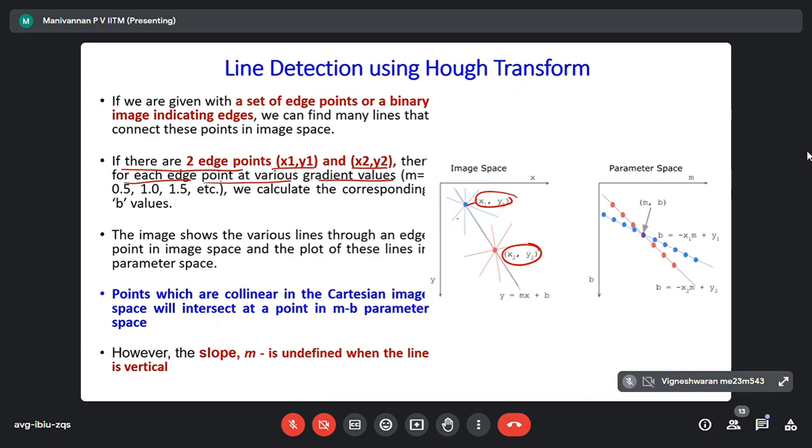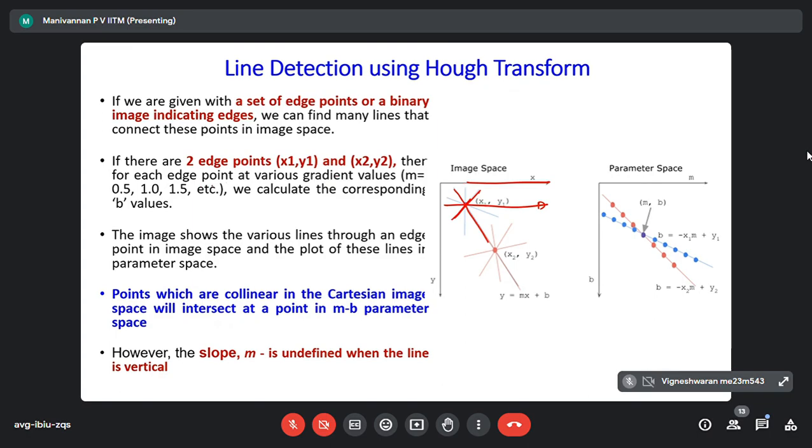Whenever you talk about slope, it is always with respect to an angle from the x-axis. The x-axis is taken as 0, and this is theta, which is nothing but the angle of the slope. We always talk like this only. Now, we have drawn many lines with respect to the x-axis, having different m values, different slope values.